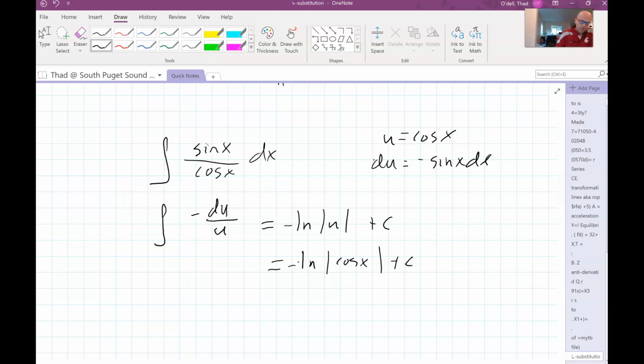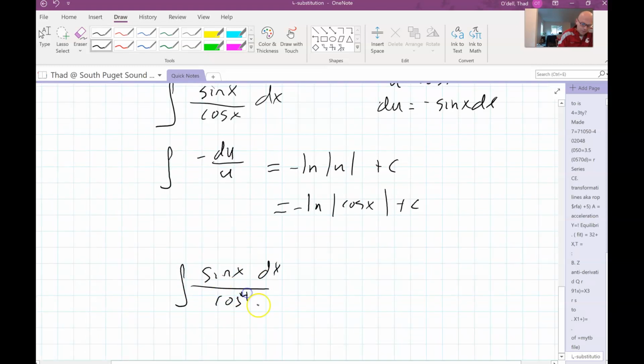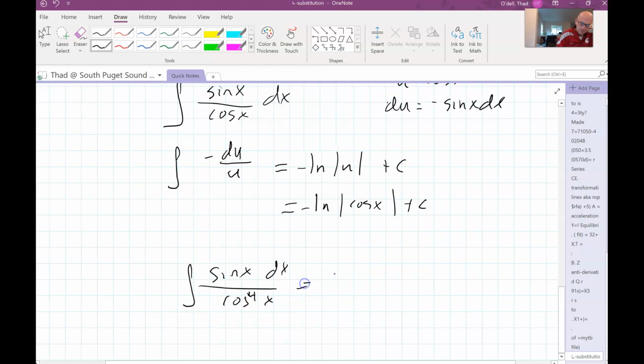Okay? Well, what if the cosine was squared on the bottom? Well, the integral of sine x dx over, or cubed, or to the 4th, or whatever. No problem. We still let u equal cosine x.